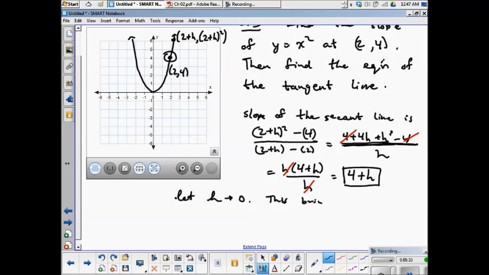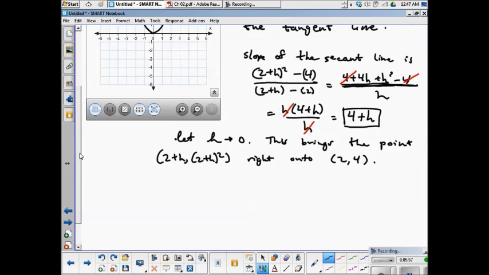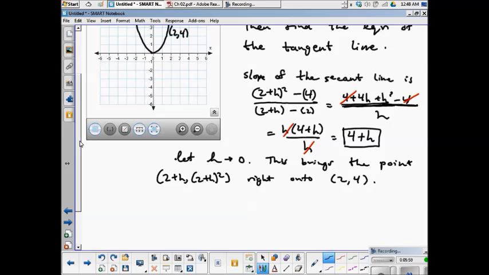This brings the point (2 plus h, 2 plus h squared) right onto the point (2, 4). So we do the limit as h goes to 0, and we get 4.